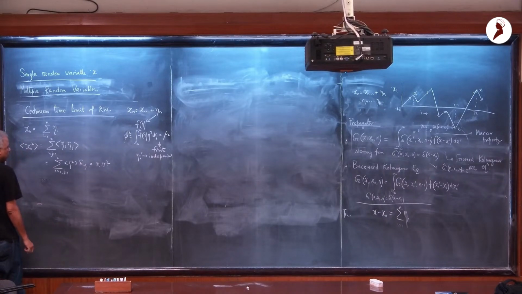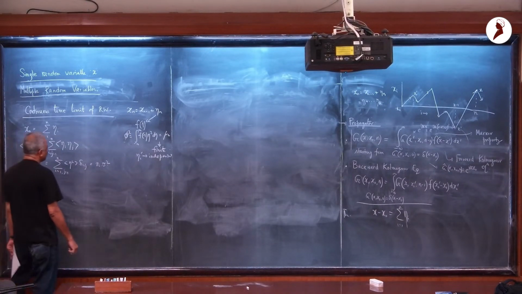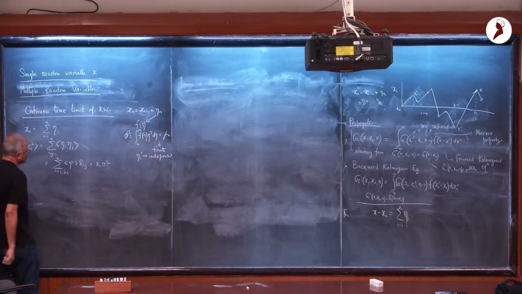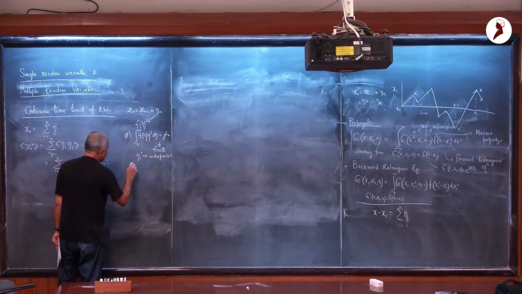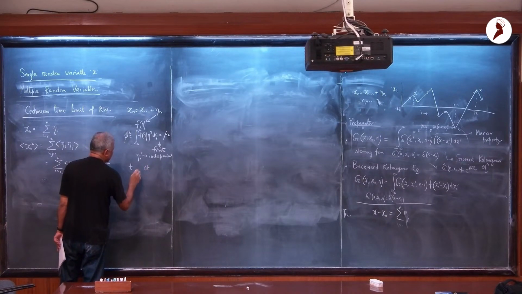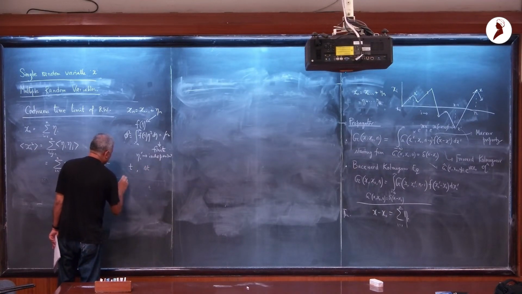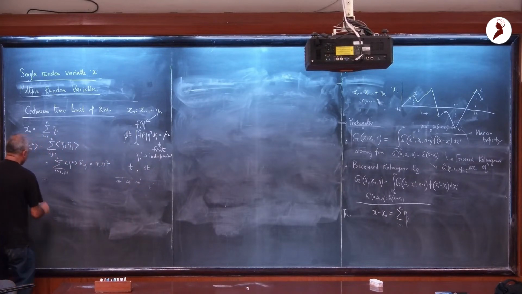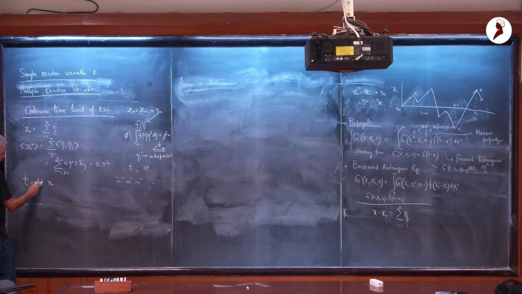Now if I want to take the continuum time limit, so if your actual time is real time, I want to discretize in steps of delta t to make the connection to the random walk. So you would write t as delta t times n. N is the number of steps, and delta t is the duration of each step. And this is my time.